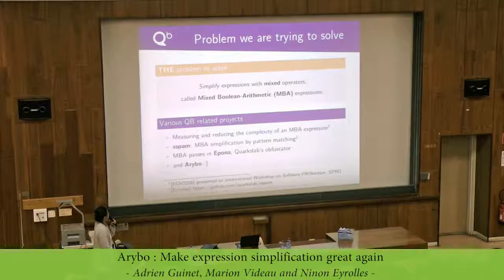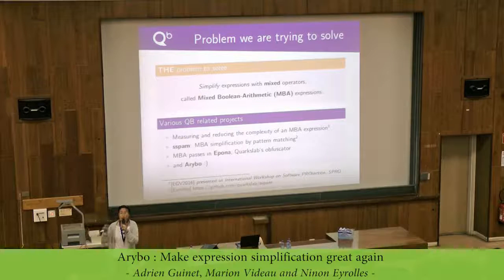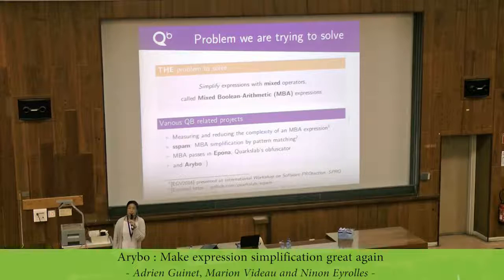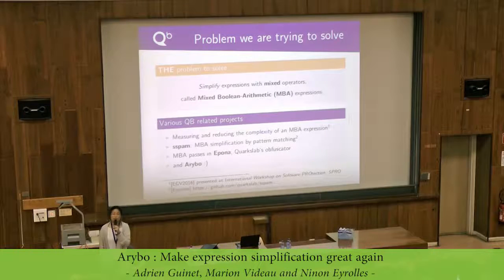Ninon Hérol, one of my co-authors, published a tool on Quarks Lab's GitHub to simplify MBA expressions by pattern matching, in some sense of simplification, the one corresponding to the blue sense of complexity. We are also using MBA passes in Quarks Lab's obfuscator, in Luna. And there is this current work on how to use Arybo, and Arybo is implementing a strategy called bit blasting.